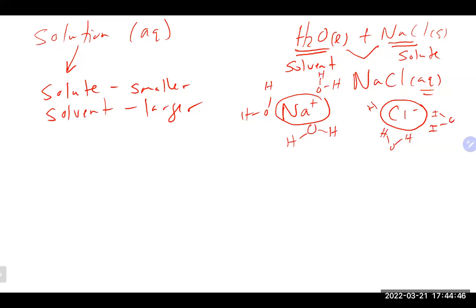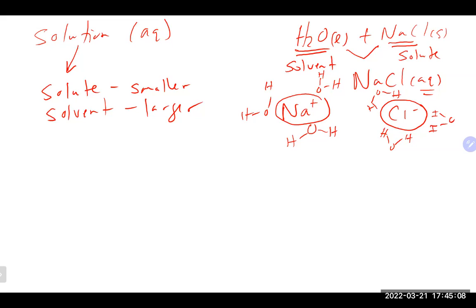And this does a couple of things. When we put salt into water and it disappears or dissolves, that's what's really happening: a ton of water molecules are surrounding all the ions. It's no longer visually apparent to us that there is salt in that solution.